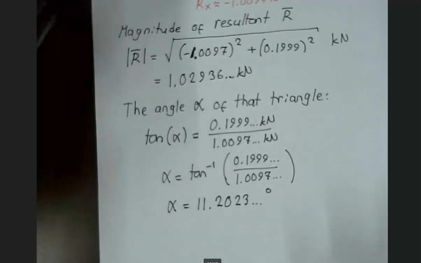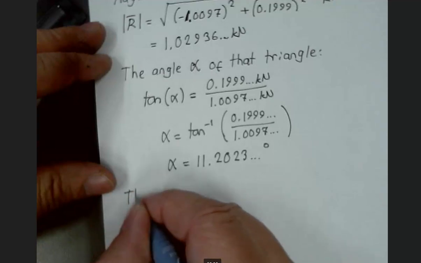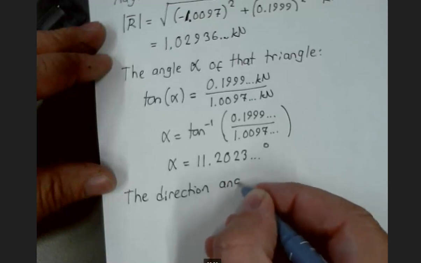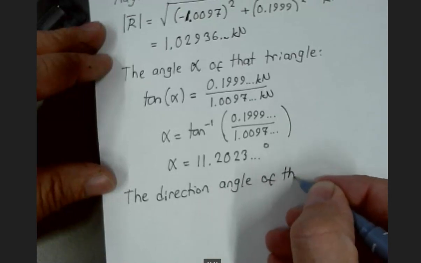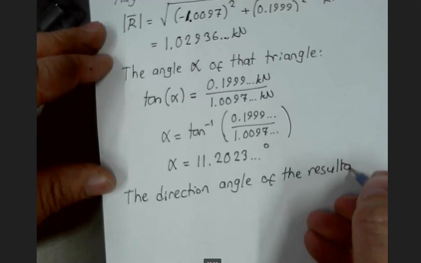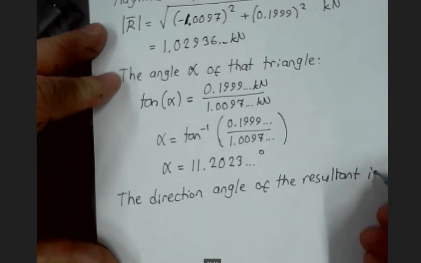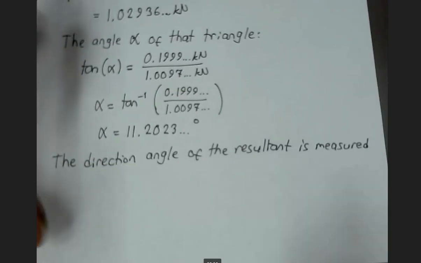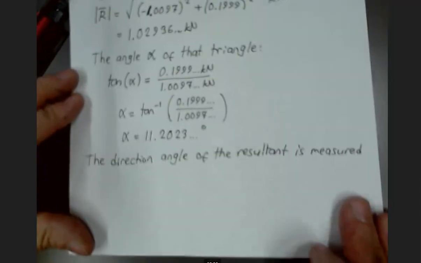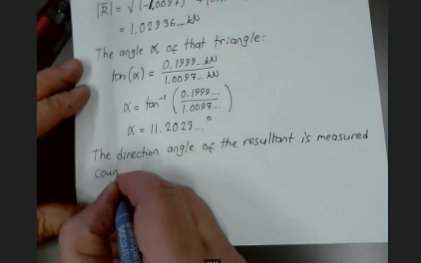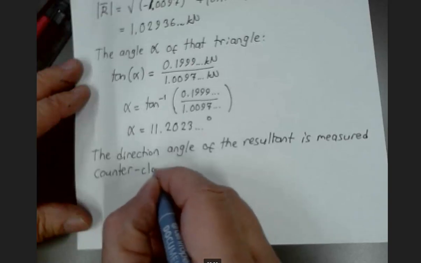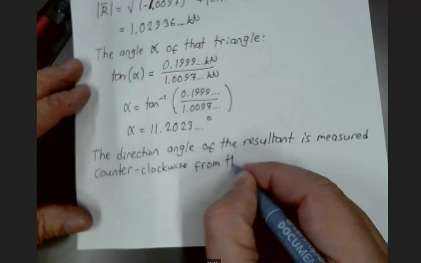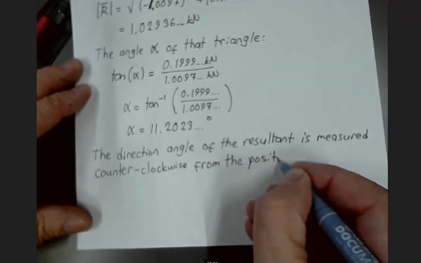So the direction angle of the resultant is measured counterclockwise from the positive x-axis.